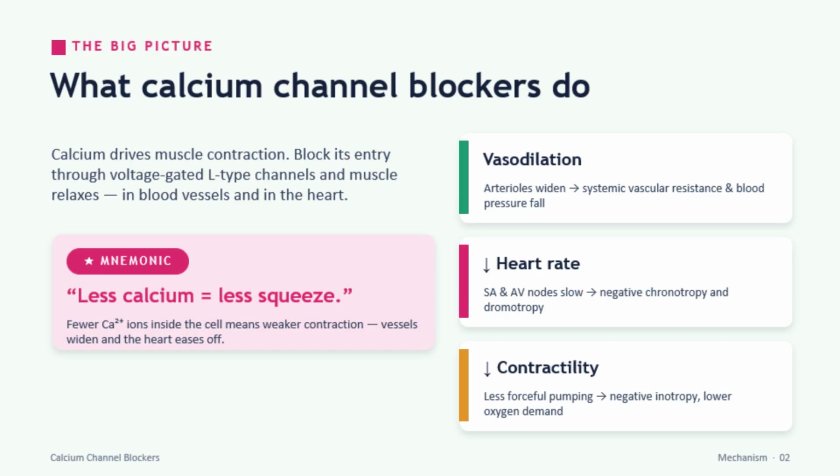Less squeeze in the blood vessels means they relax and widen, that is vasodilation, and less squeeze in the heart means it beats slower and softer. Say it with me one more time: less calcium, less squeeze. Beautiful. Everything else flows from this.